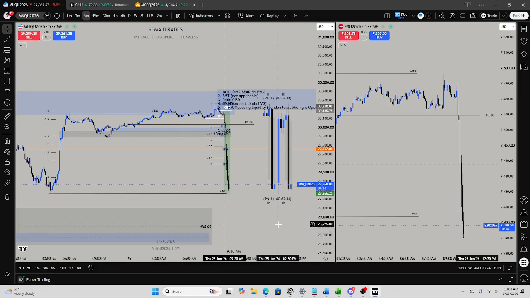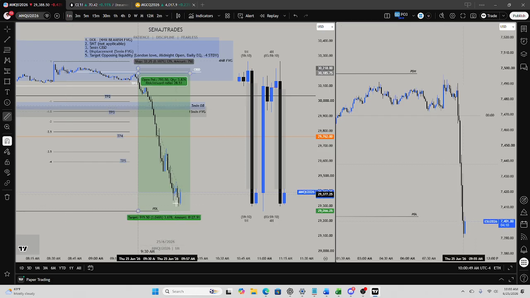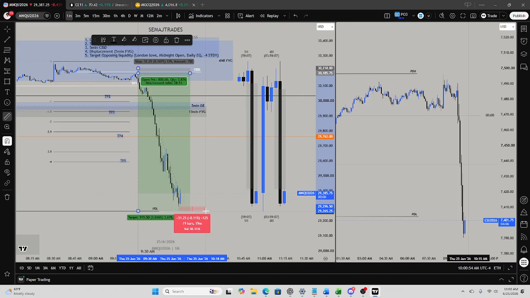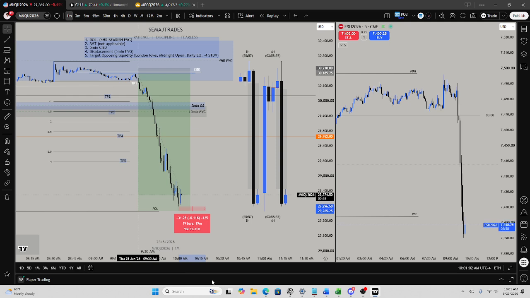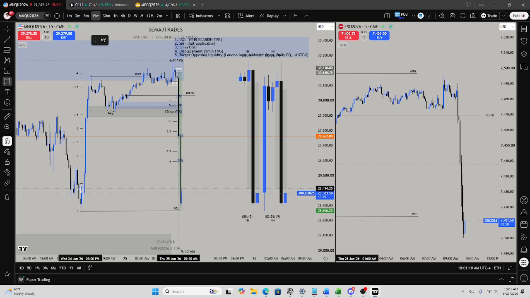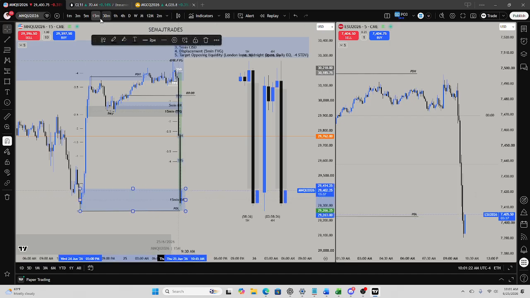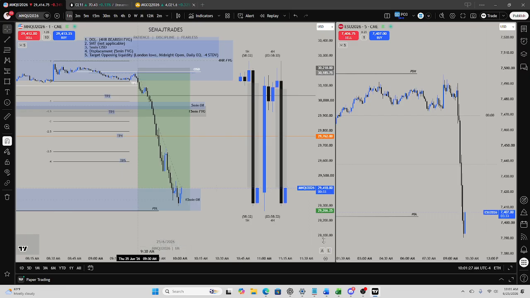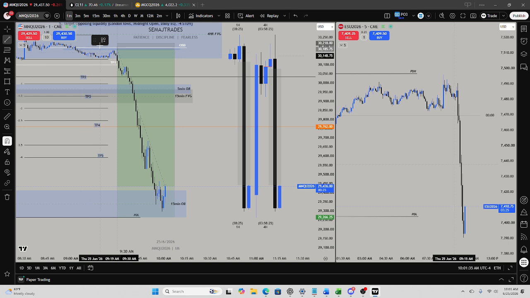NQ making plays. Something that we could be paying attention to is this 15-minute order block. This will give us our 1 minute CISD.